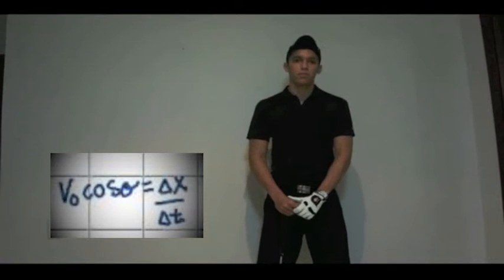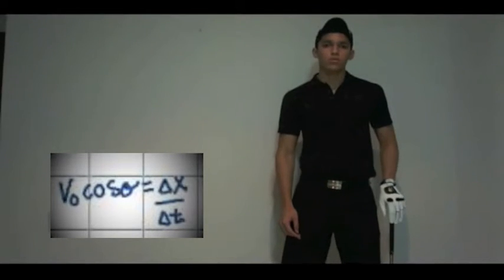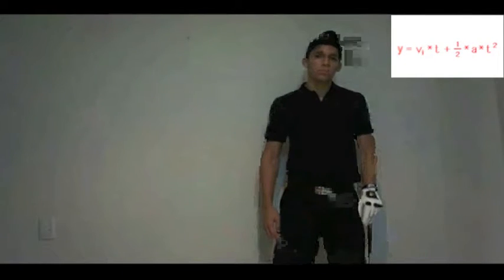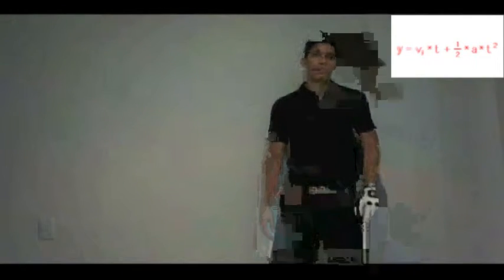Next step was the range: the velocity x component times the time. The next step was to find the maximum height. To do this, we use the formula shown here. Vy is 0 because at the maximum height the motion is not going up or down.